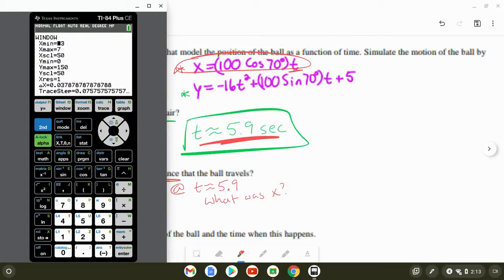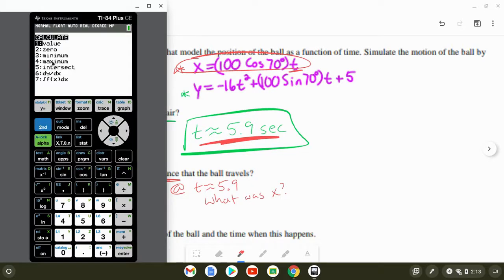So we need our x value to be within that range. We can move the y if we want. Let's go 500. Okay, so then y, second trace, just click value, and when the time was 5.9 on the x for time, what was the horizontal distance on our dependent axis?